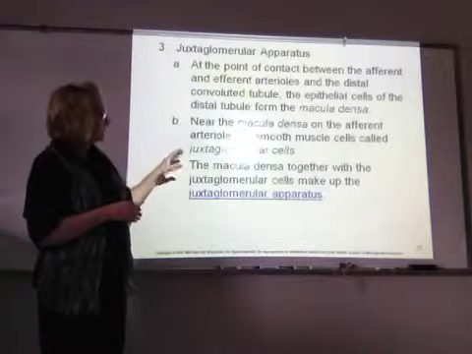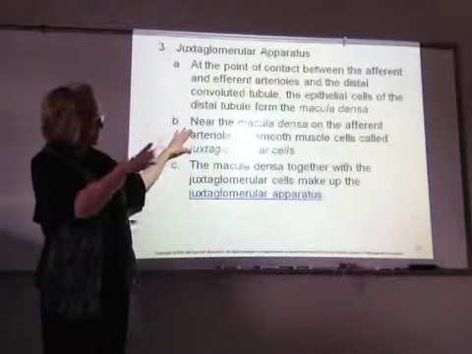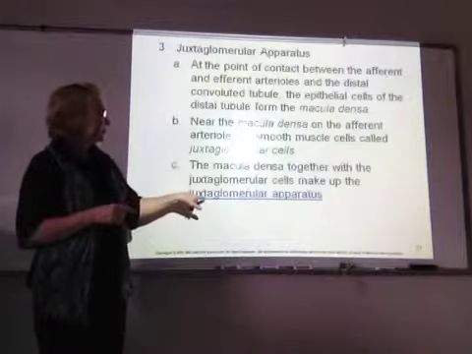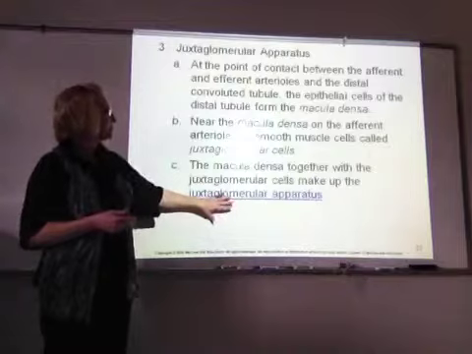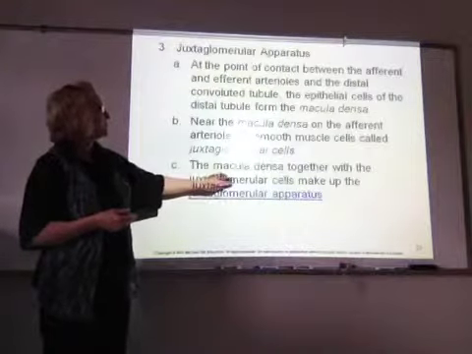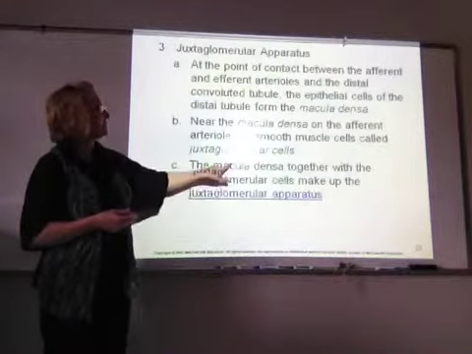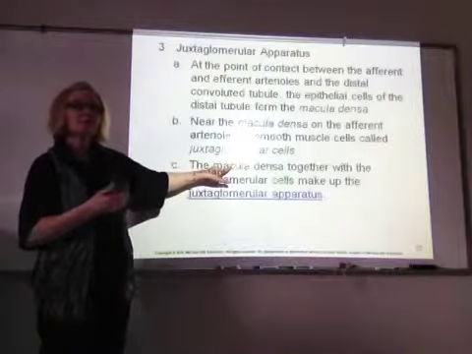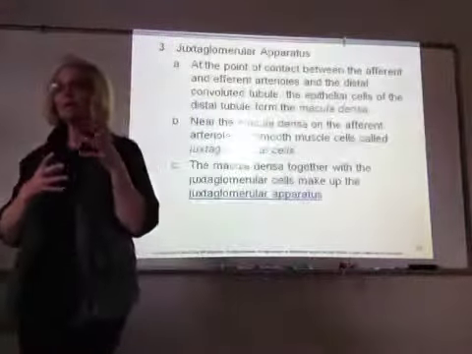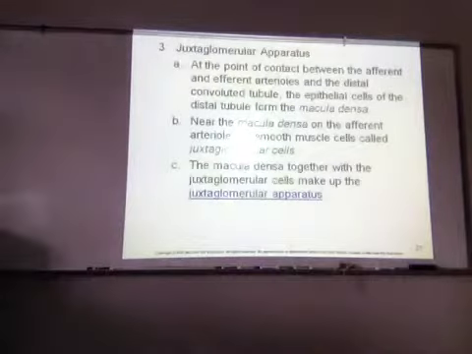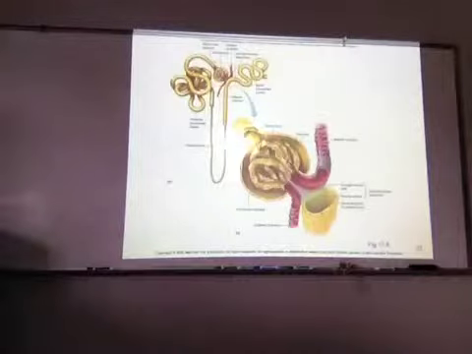So when I get this area together, it's called the juxtaglomerular apparatus. This includes the smooth muscle cells and the epithelial cells. So macula densa are epithelial cells. Juxtaglomerular cells are smooth muscle cells.